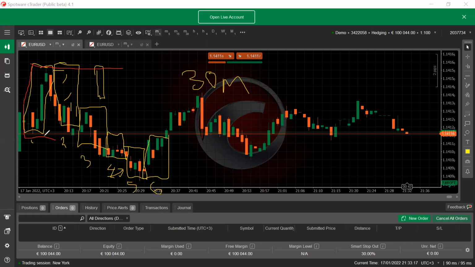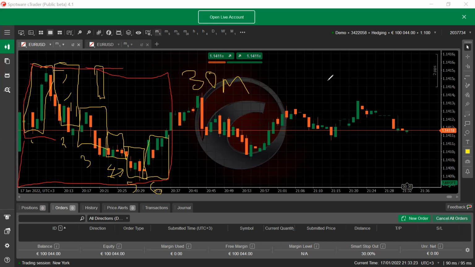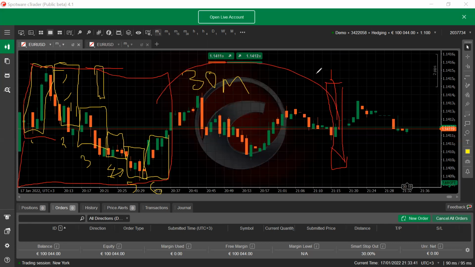Okay, well, actually it's like this, but if somebody was to draw it to be something maybe... okay, so this would be something like that, the 30-minute candle.